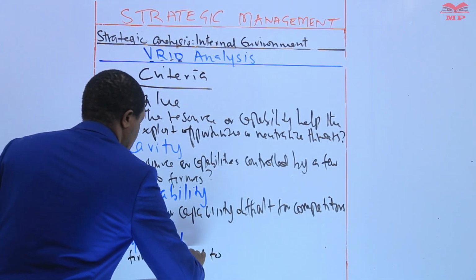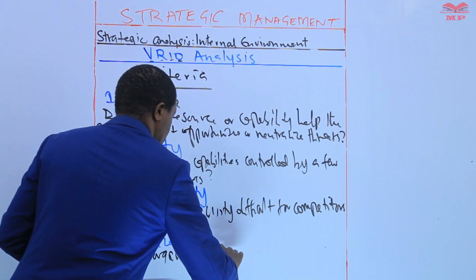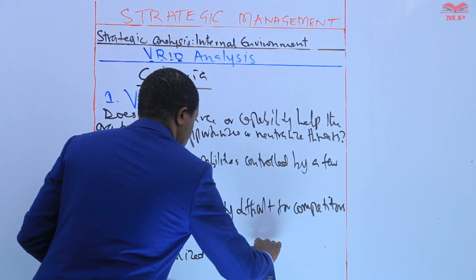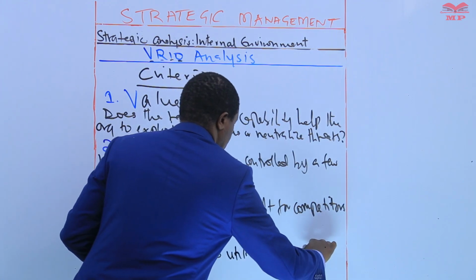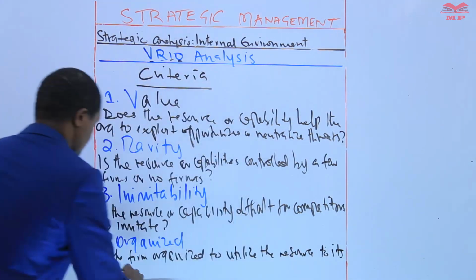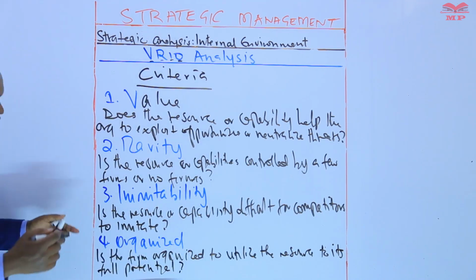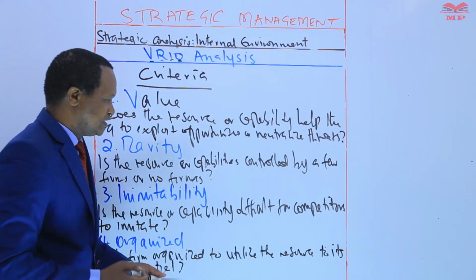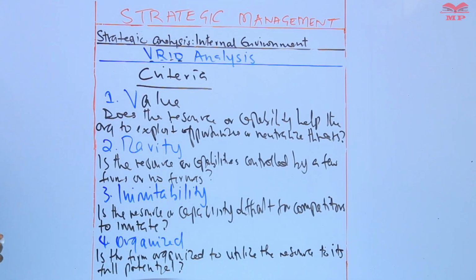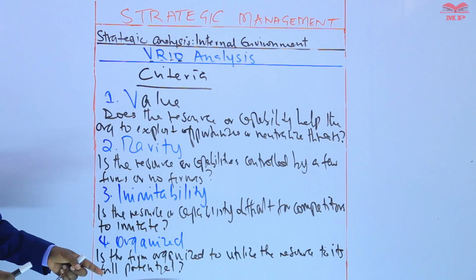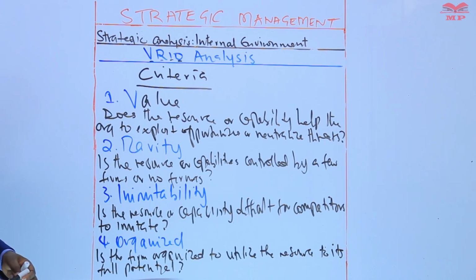Is the firm organized in such a way that it can utilize the resource to its full potential? That's the question that is answered when analyzing the resources and capabilities based on organization.